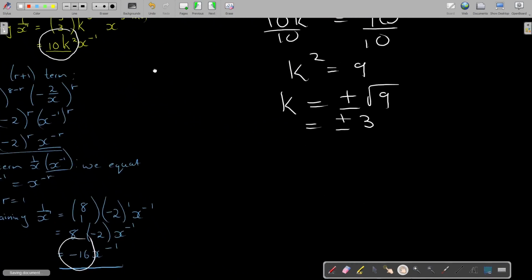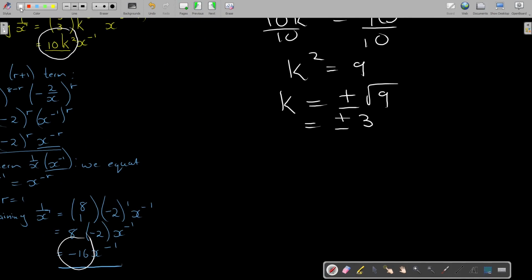So therefore, and I'm ending in red, therefore, the positive constant, so therefore k is equal to 3. Okay, I could have actually left just that. So the positive constant, therefore k is equal to 3. And that's how you do it.